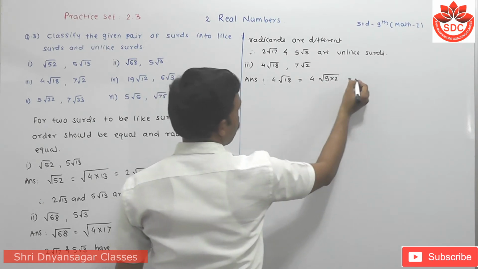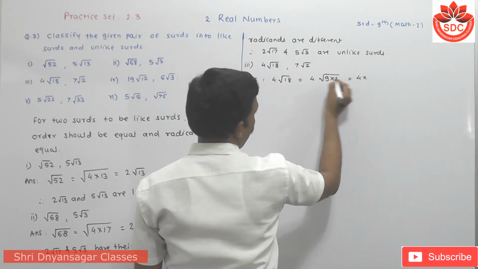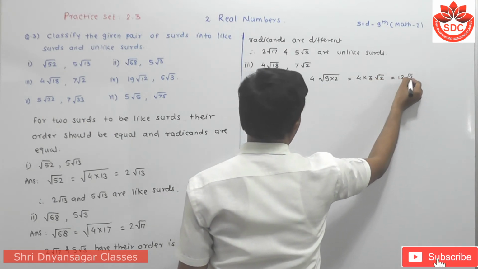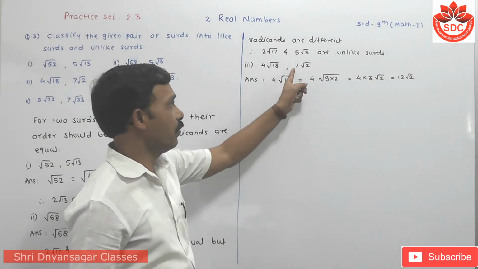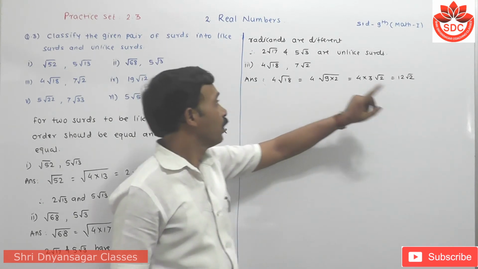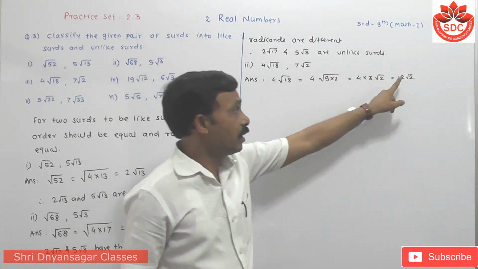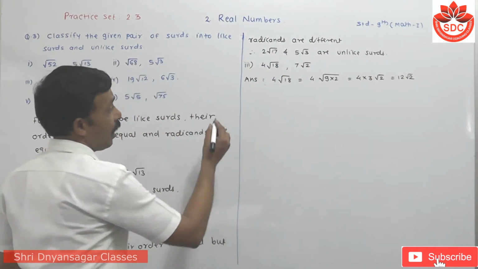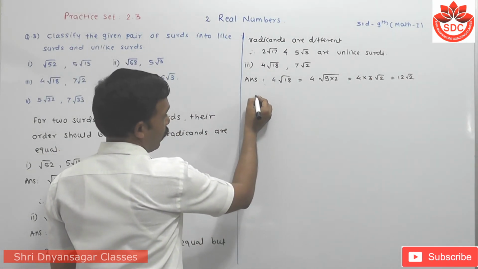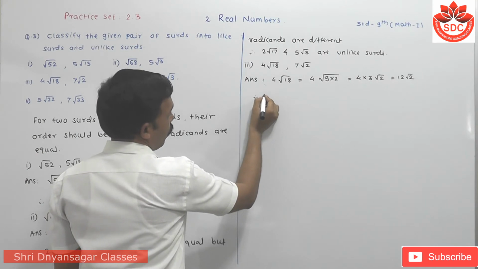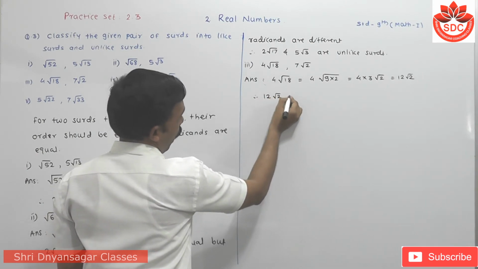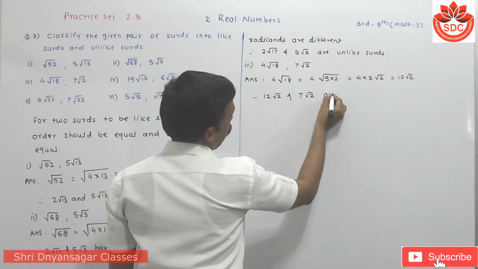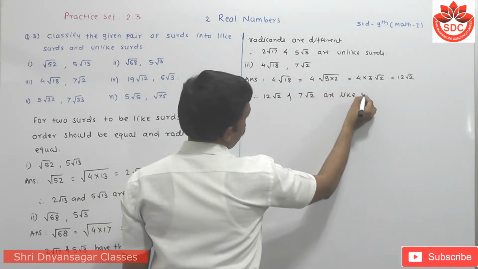Then we write this as 4 into square root of 9 is 3 into root of 2, means 12 root of 2. Observe carefully: 7 root 2 and 12 root of 2. Here the order is equal and radicand is also equal. Therefore this is like surds. So I have to write here, therefore 12 root of 2 and 7 root of 2 are like surds.